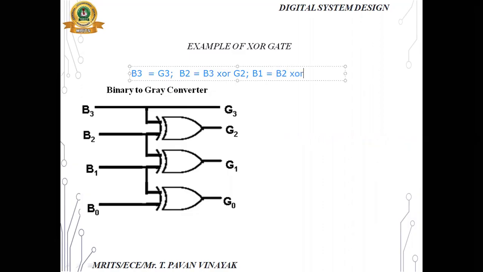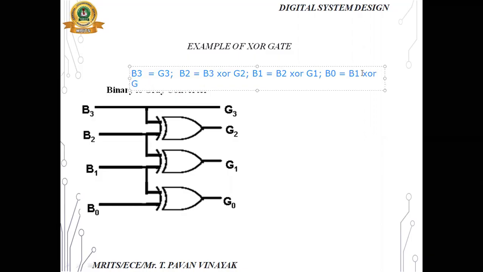B2 XOR G1. Next B0. B1 XOR G0. This is the gray to binary conversion. Let us draw the circuit.